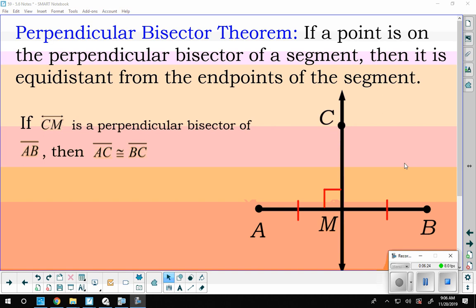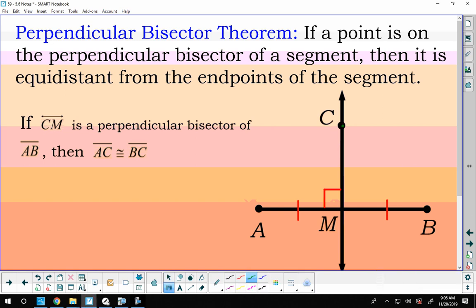So what that means is that this point C is equidistant from the endpoint A to this endpoint B. I'm going to use 2 tick marks to show that those are congruent because we already have 1 tick mark showing that AM is congruent to MB. So that's only true if M is the midpoint and C is on that bisector.